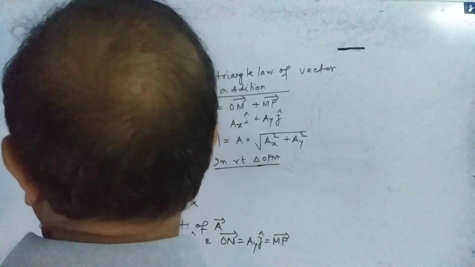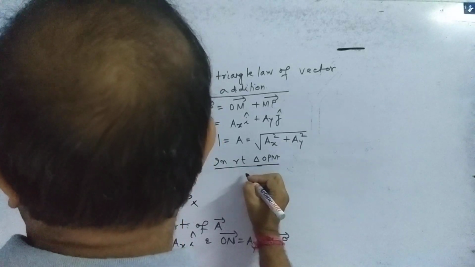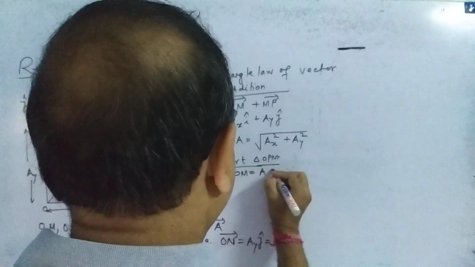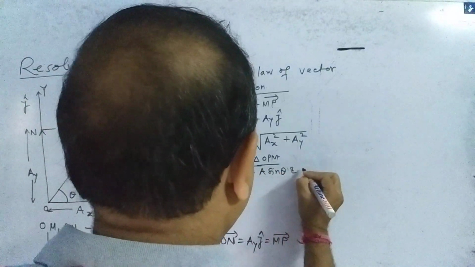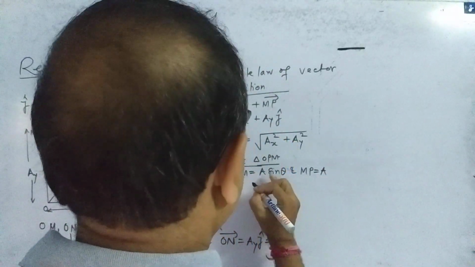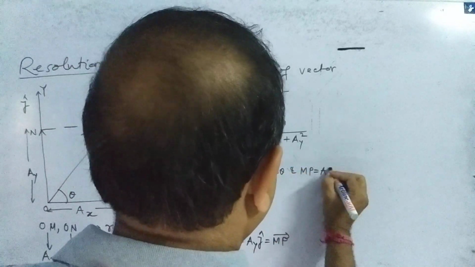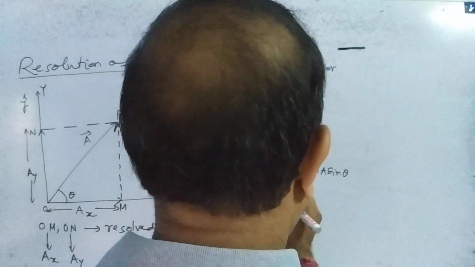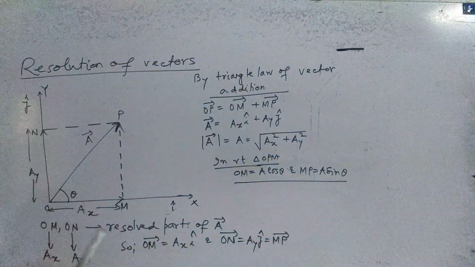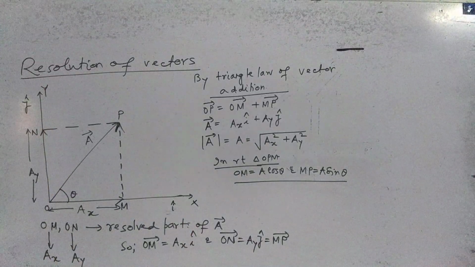Let us take the right angle triangle OPM. Can I write OM is equal to A cos theta, and MP is equal to A sin theta. OM by A is equal to cos theta. It is simple trigonometry.